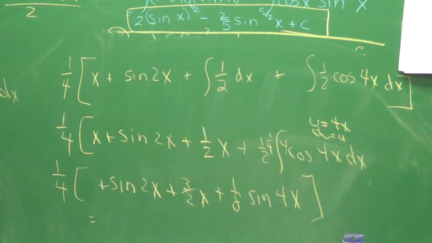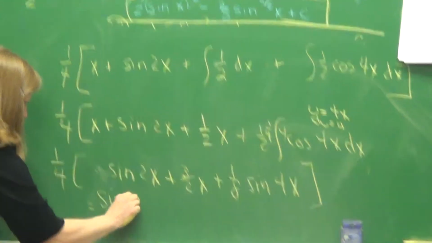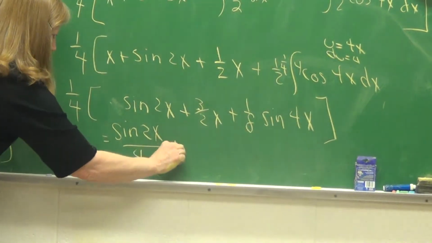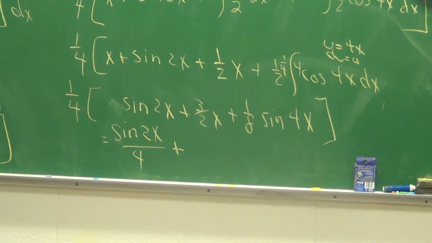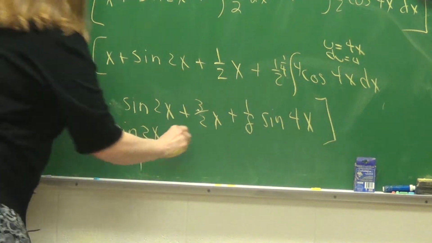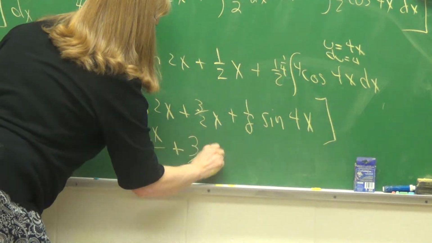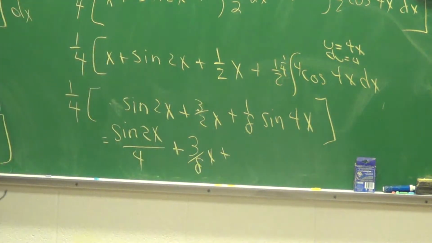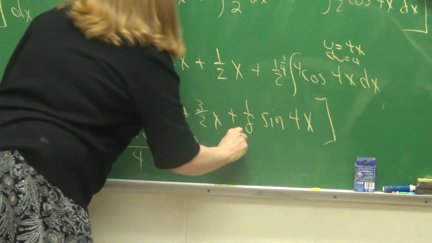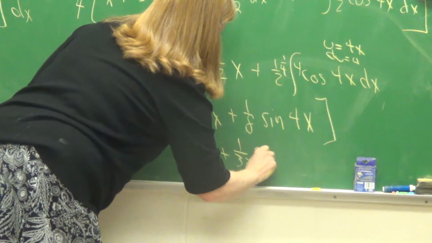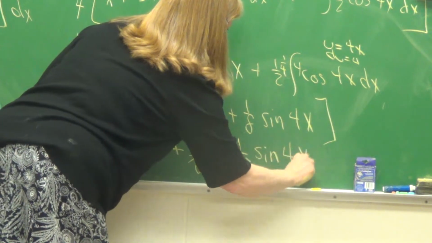And finally then, Brendan, if you distribute the 1/4: 1/4 sine 2x plus 3/8 x plus sine 4x over 32. Alright, whichever way you want to write it.